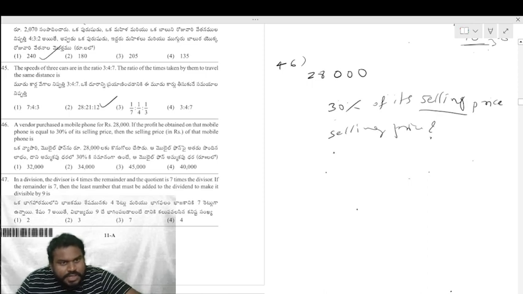See, he purchased a mobile phone for how much amount? 28,000. Profit obtained is 30%.